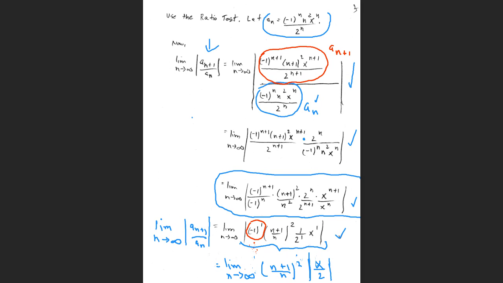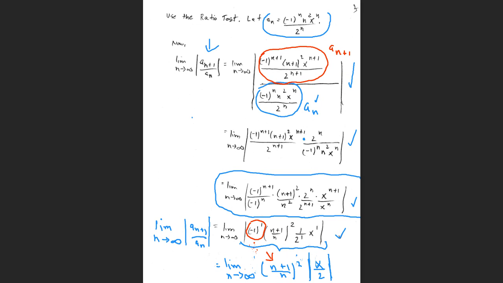Why can I do that? Why can n plus 1 over n squared be brought out in front? That's exactly right, Nathaniel. It's always going to be positive. So you can factor that out of the absolute value. And of course, the negative goes away because you're doing an absolute value.